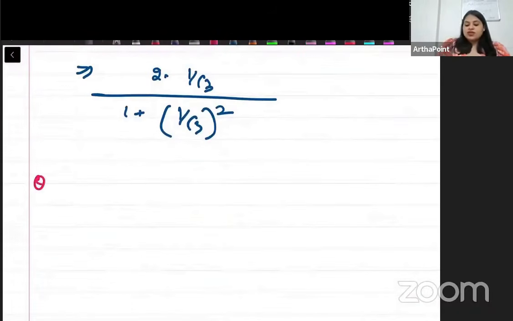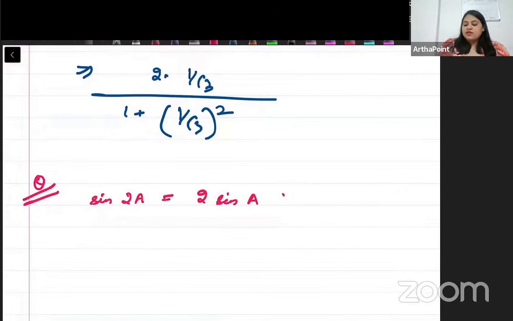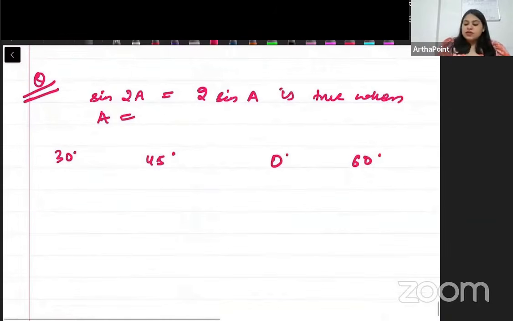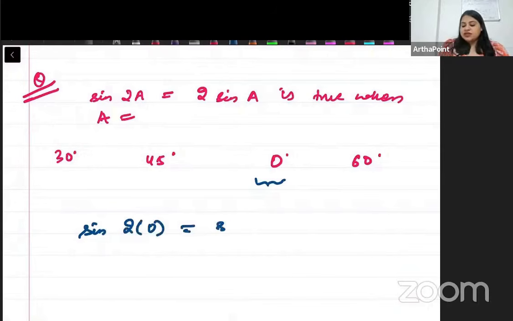The next question, beta: sin 2A is equal to 2 sin A is true when A is equal to 30 degrees, 45 degrees, 0 degrees or 60 degrees. Try to solve this. It's very simple. By hit and trial, if I just put 0, sin 2 into 0 will be sin 0, which is 0.